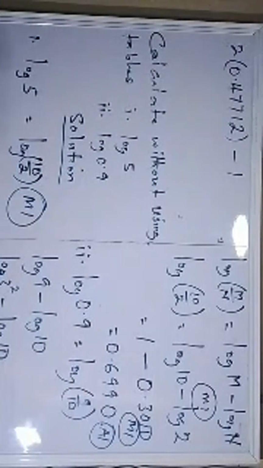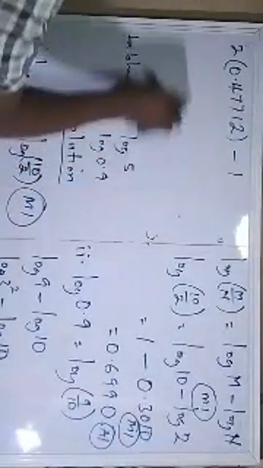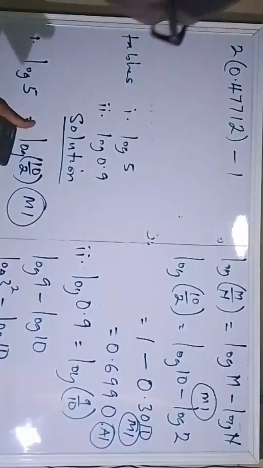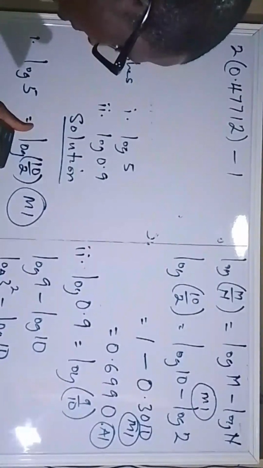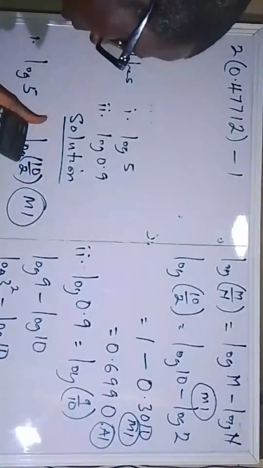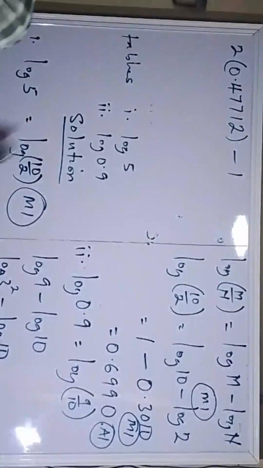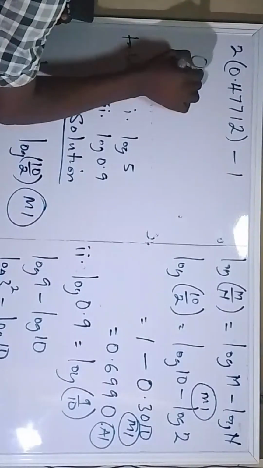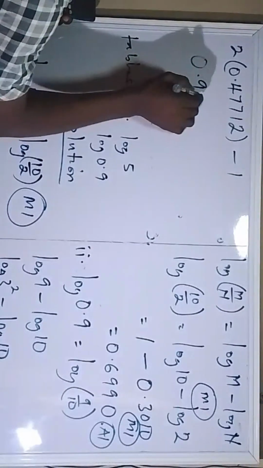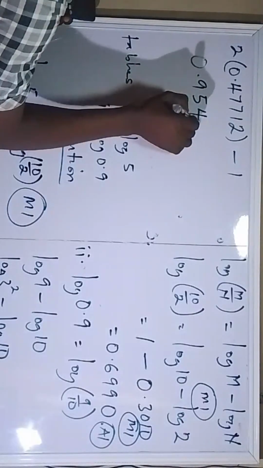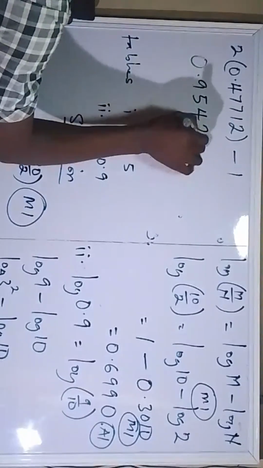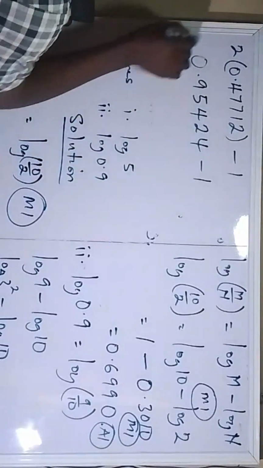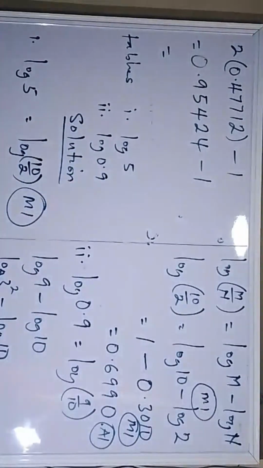So from there you multiply. You use 2 to multiply 0.47712. Okay, so if you do that, you'll be having 0.95424 minus 1. Okay, so now this is minus 1.